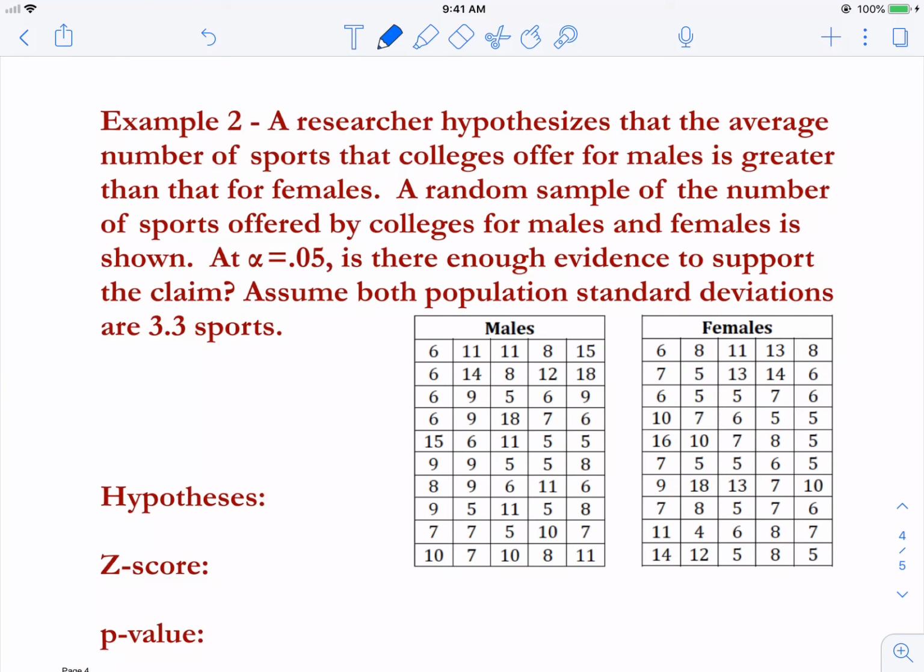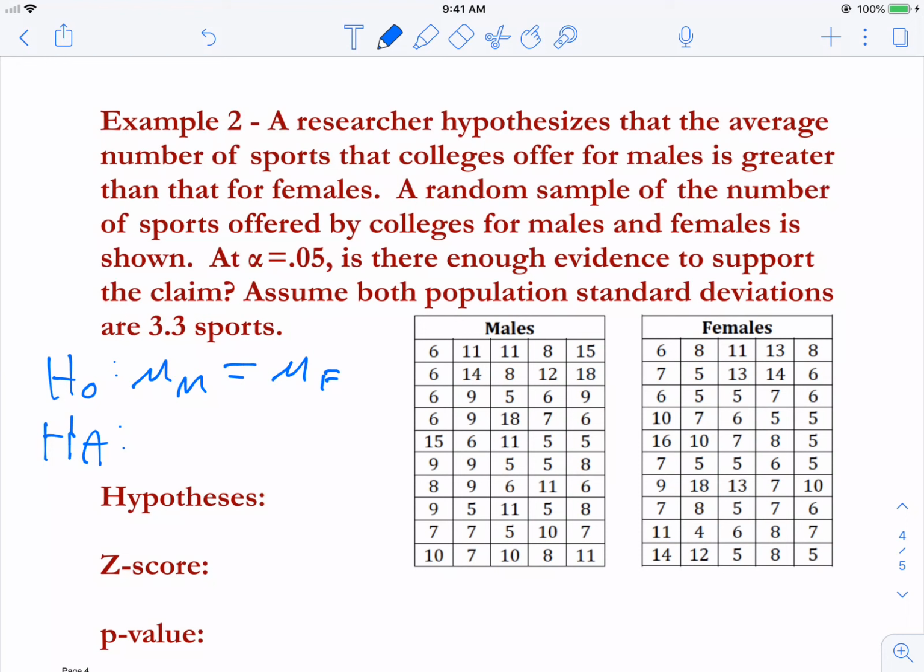So let's create our null and alternative hypotheses. The null hypothesis is that the two are the same. This is the safe hypothesis, that the average number of sports offered for males is equal to the average for females. In the alternative hypothesis, look at the wording of the problem.